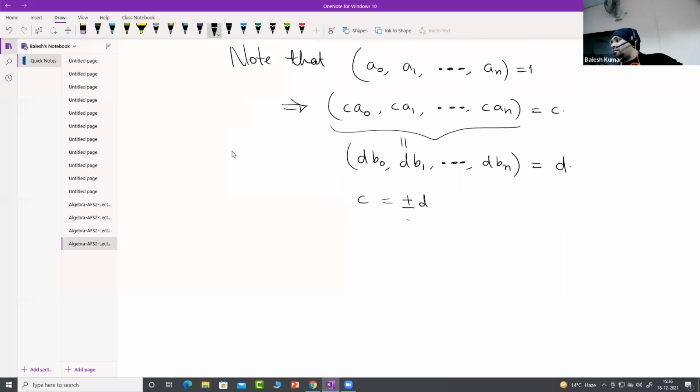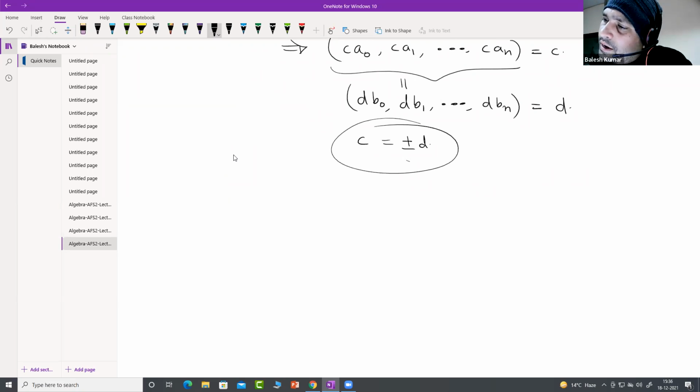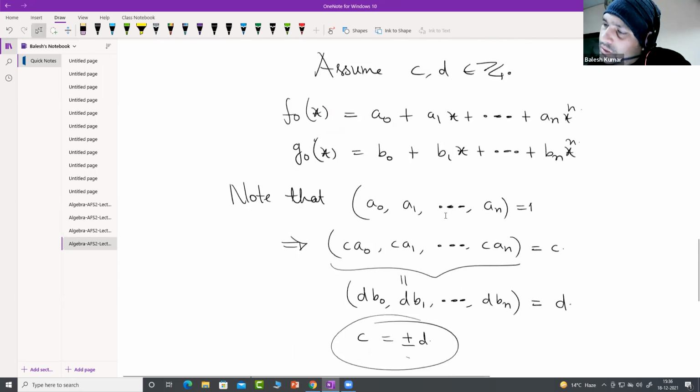Then how to prove it? First of all, it is very clear if c is equal to plus minus d, then from this expression we can see that f0 will be equal to plus minus z0.